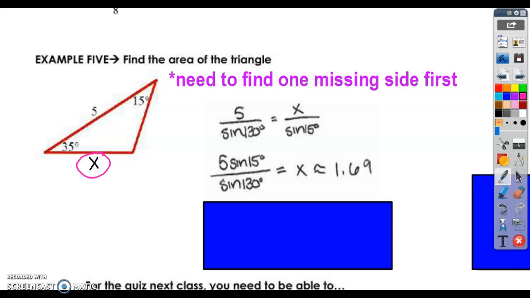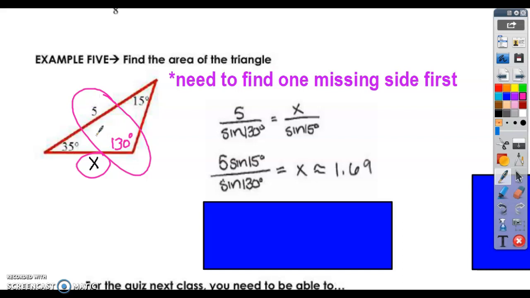So 5 is to the sine of 130, and that's 130 degrees because 130 plus 35 plus 15 adds up to 180. So there's my pair. 5 is to the sine of 130, as x is to the sine of 15 degrees. Cross multiply, divide, you get x is approximately 1.69.